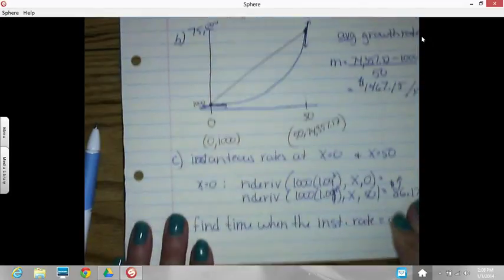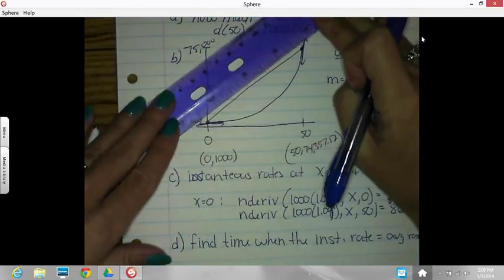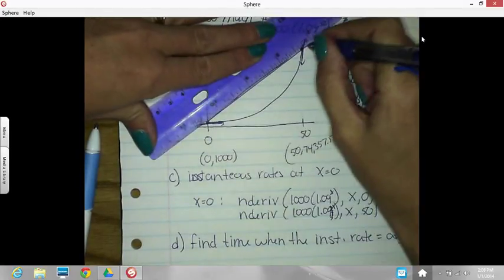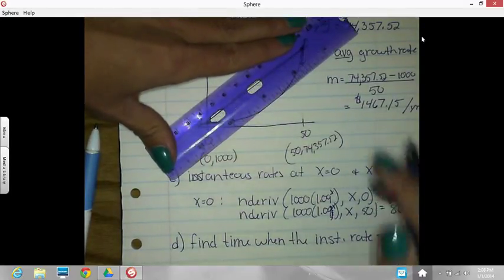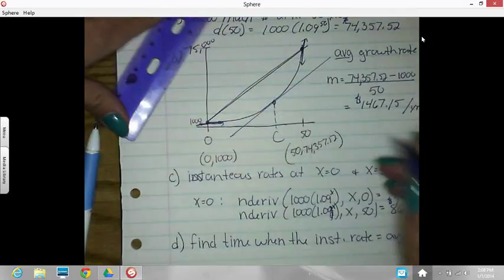So remember, we're looking for, there's our average rate, this linear function here, that slope. The instantaneous is the tangent line that has that same slope, so about there. We want to know that year.